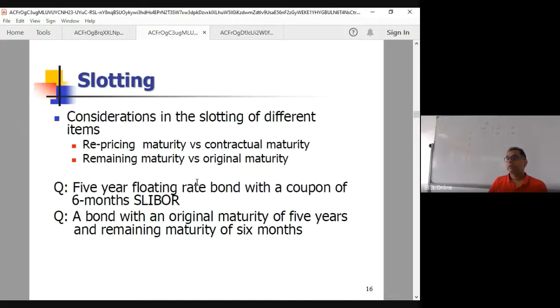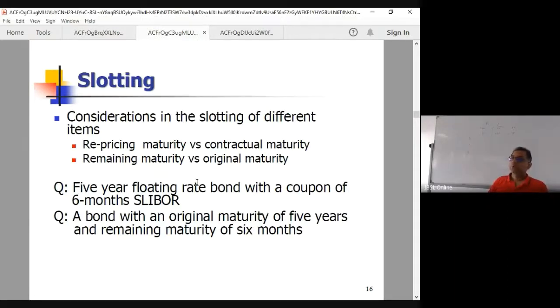But if it were the fixed bond, where the interest is determined at the end of 5 years and it's fixed for the whole 5 years, then your impact is for the full 5 years, not every 6 months. The principle of this is anyway at a 5-year period, so you have to slot that principle on the 5-year, but the interest fixings are done every 6 months on the first one.